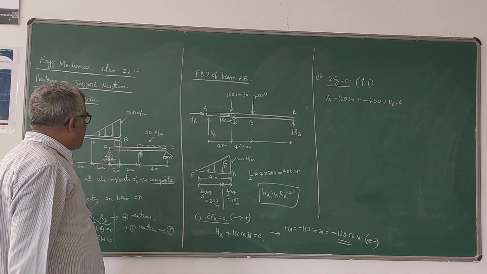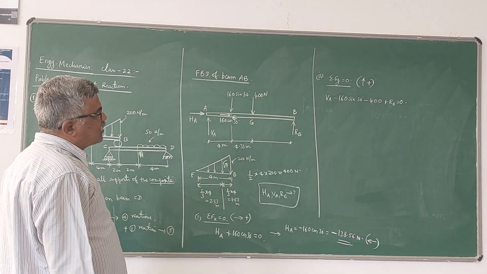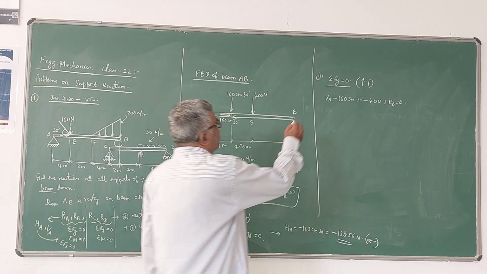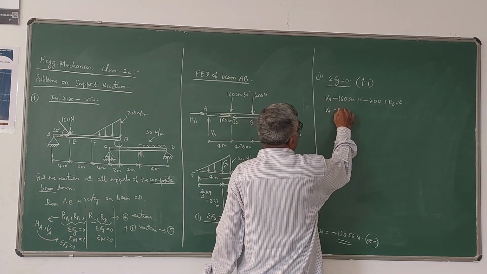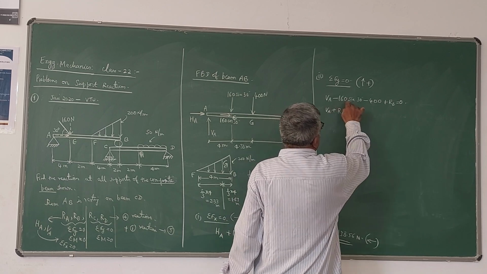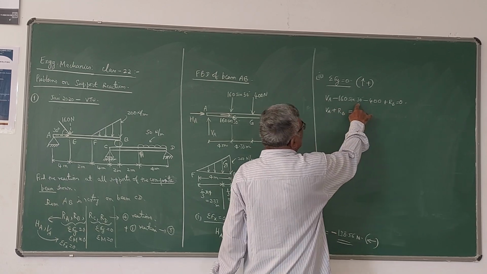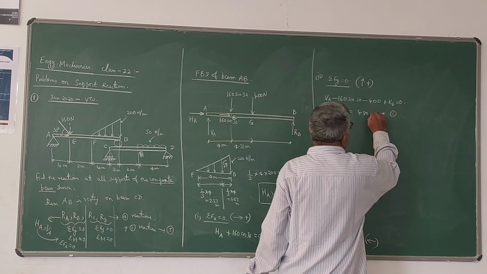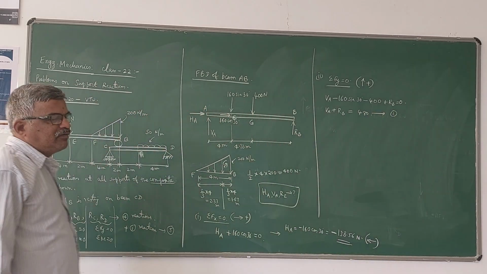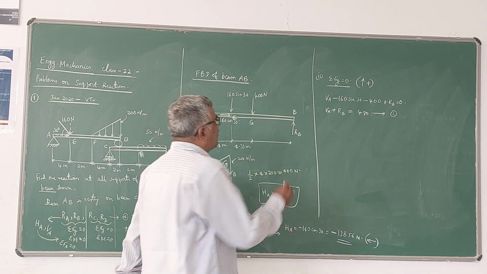B is a simple support, so only one reaction will be there. Now this equation will be VA plus RB is equal to 160 sin 30, which is 80, 80 plus 400, that is 480. We cannot solve because there are two unknowns. One more equation we need. We call this equation 1.